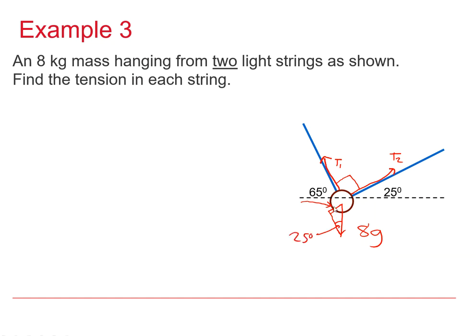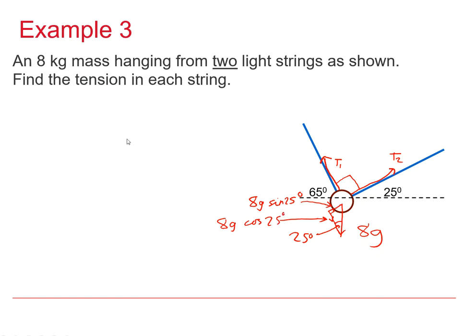And so this component here is opposite the 25 degrees, so that is 8g sine 25. And this component here is 8g cos 25 degrees.